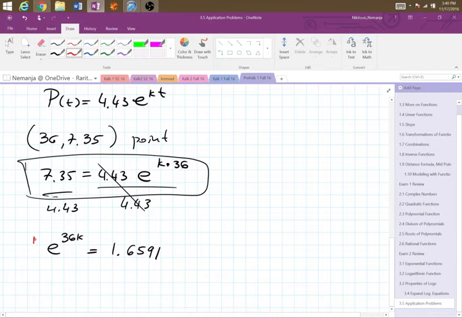If I ln both sides, then ln and e cancel. I get 36k on the left, and on the right I can punch this number in, ln of 1.6591, and get 0.5063. Remember to round properly.